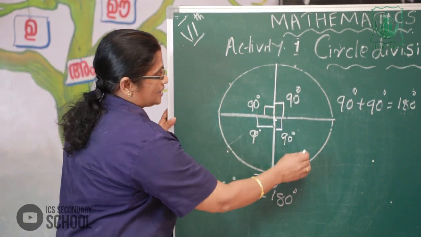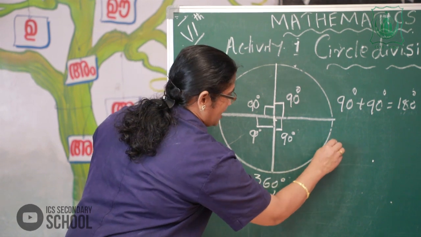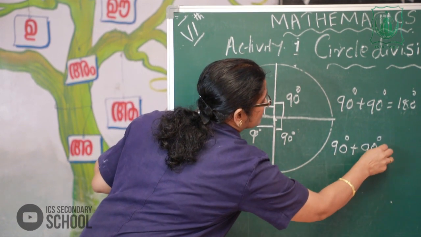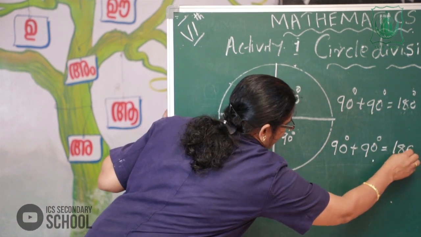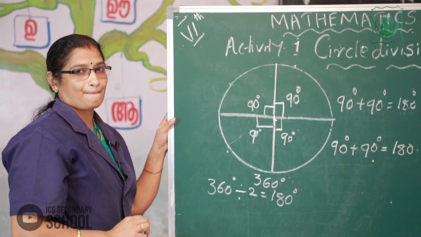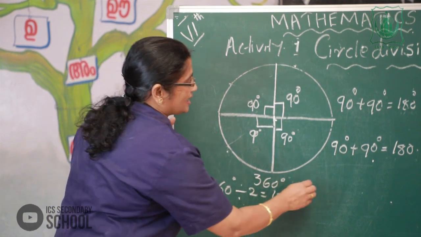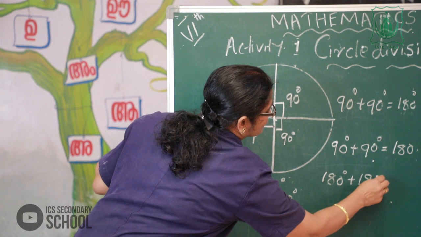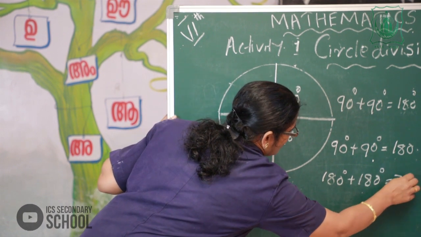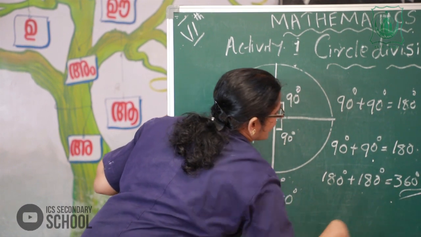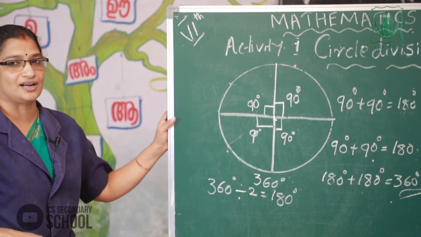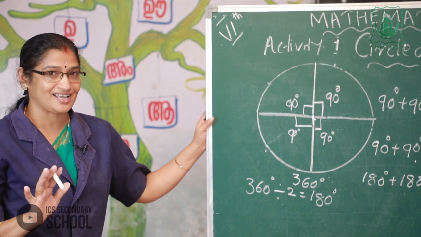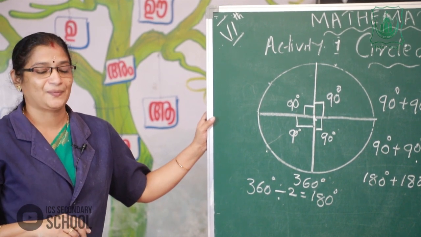The bottom of the circle is 90 degrees plus 90 degrees, which is equal to 180 degrees. 180 degrees plus 180 degrees is equal to 360 degrees. The measure of the circle is 360 degrees.